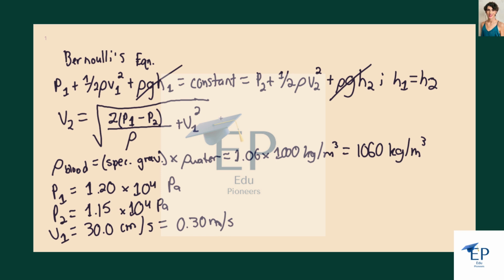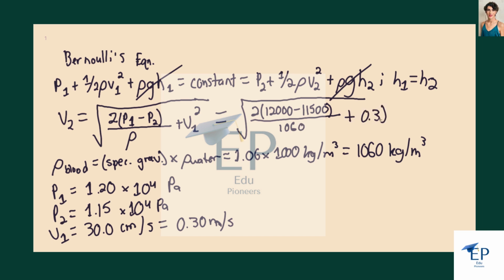So solving for this, we have the square root of 2 times, and then here we can actually take away scientific notation just because it might be a little bit easier to solve. Here it would just be simply 12,000 minus 11,500 divided by the density of blood, 1060, plus the velocity in the first section of the artery squared.